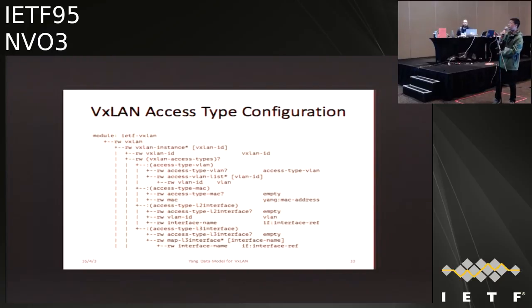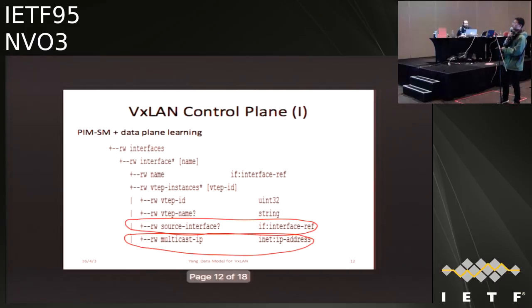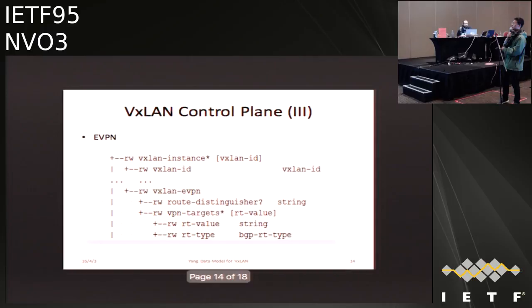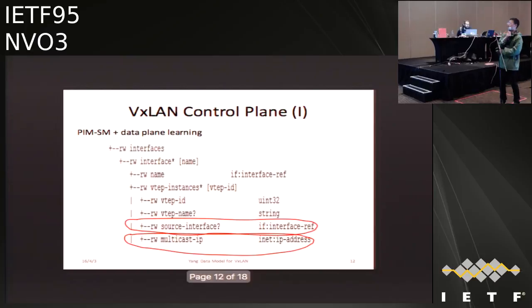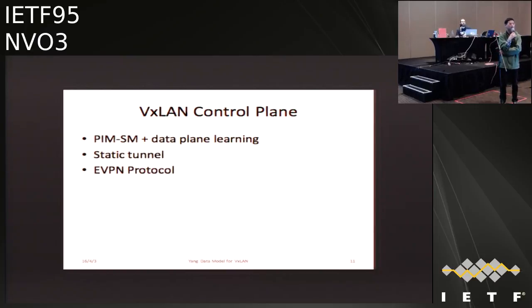So I can give a global view of our YANG data model. Here we have a VXLAN container. There are VXLAN instances belonging to this container, and we also have VTEP instances belonging to the VXLAN container.